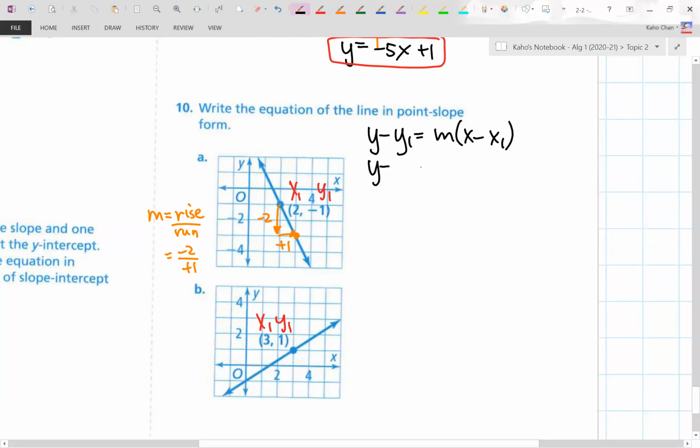Plug it in and you're done. And that point is 2, -1. Okay, a lot of negatives, we want to clean that up. And there's my answer.